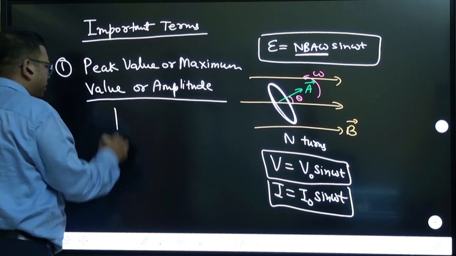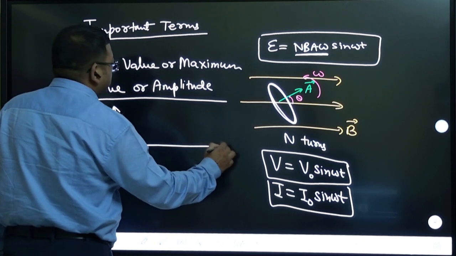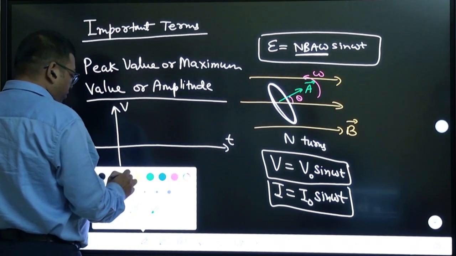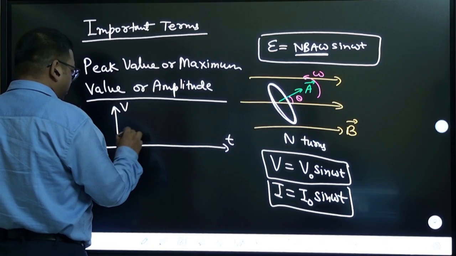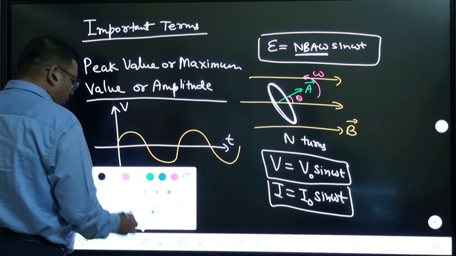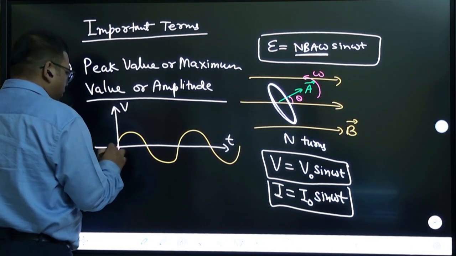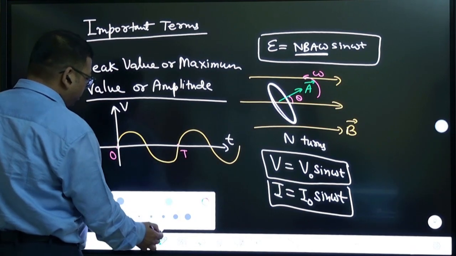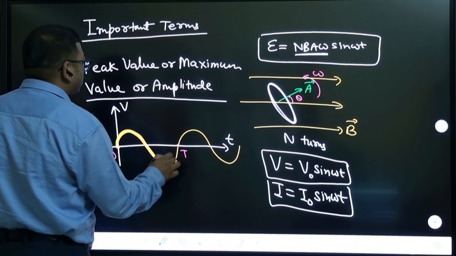So what is the peak value, maximum value, or amplitude? If you take the sinusoidal graph, let us say this voltage graph, voltage versus time, you will see this type of sinusoidal function, and like that it will continue. Here suppose it is 0, and this is one time period, and then the cycle will repeat. So this is one complete cycle, right?